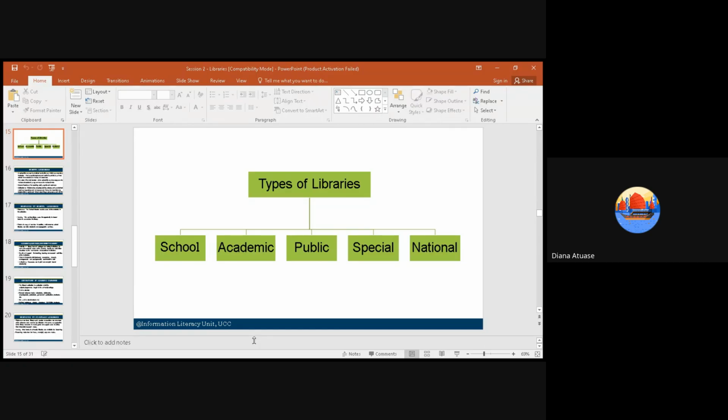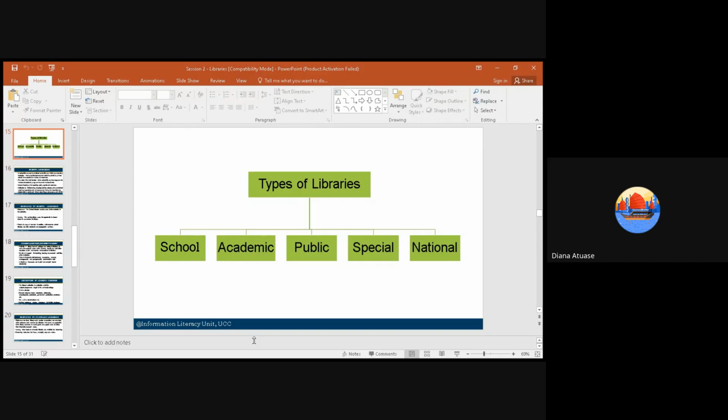So the basic school library or primary school library is just a library that is found within the primary level or basic level.